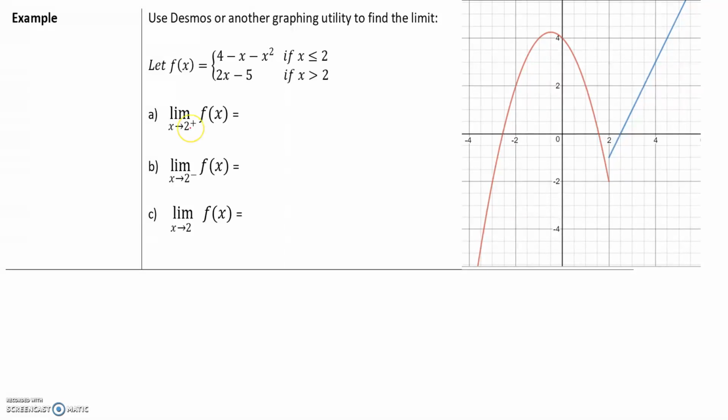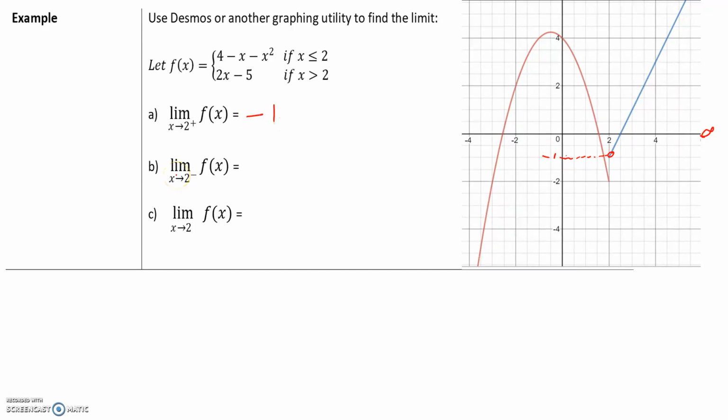So let's take a look. As x approaches 2 from the right, okay, so x is approaching 2 coming from the right, or positive infinity, the graph looks like this. It's a blue graph. So what y value is the graph approaching as x approaches 2 from the right? It's going to approach this number, which, if you extrapolate to the y, is equal to negative 1.